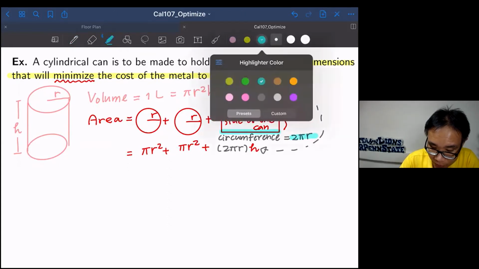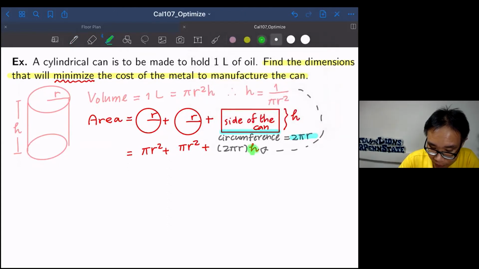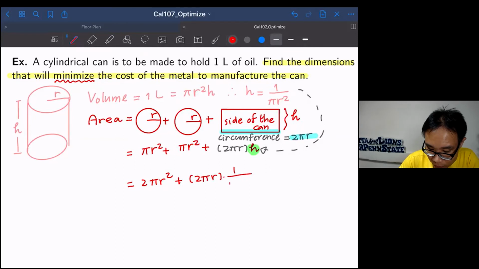I should use the green one. Okay, so in this case you're going to get 2 pi r square, plus, you're going to plug in h, so it's going to be 2 pi r times 1 over pi r square.